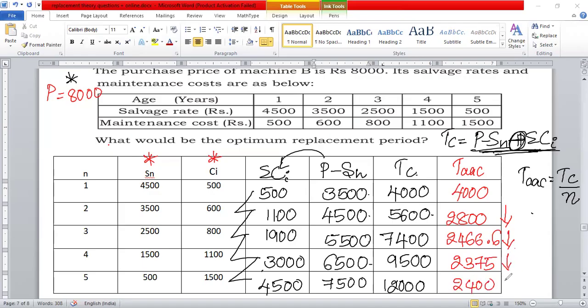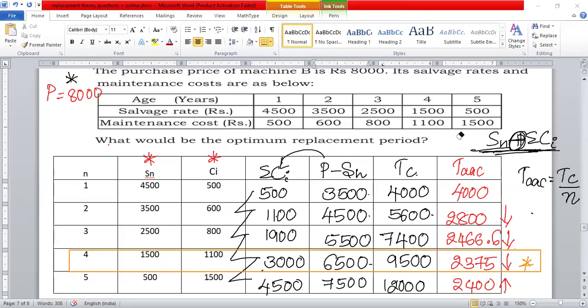This is decreases, this is increases. It is the last minimum year. The year should be N, and the machine should be replaced. Yes, look at that: 2,375 is the last minimum year. We're going to replace the machine.